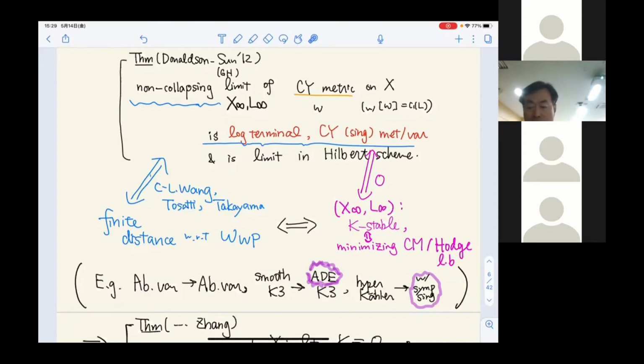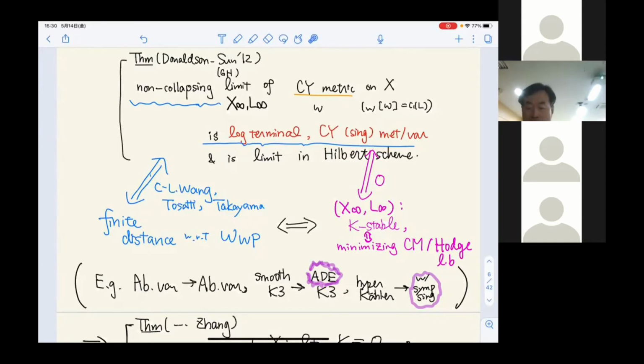Yeah. So anyway, roughly put, it says that in good cases, the limit of canonical metrics, K-Einstein metrics on varieties should be varieties. So this is, yeah, very inspiring.